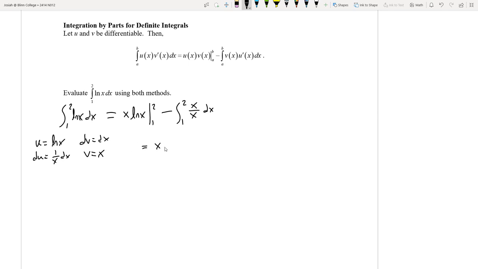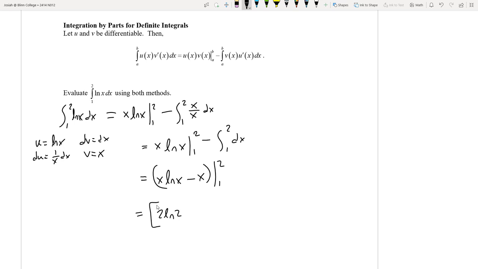So we have x natural log of x from 1 to 2 minus the integral of 1 dx. We get x natural log of x minus x, and we evaluate this whole thing from 1 to 2. When we do that, we get 2 natural log of 2 minus 2, minus 1 natural log of 1 minus 1.